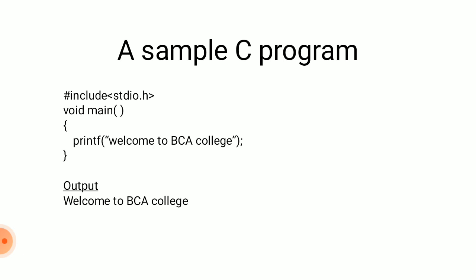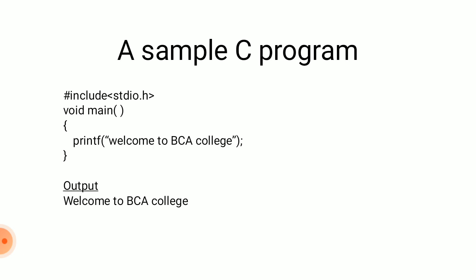In the second statement, I have written a main function. Here I have taken void main. Void is a data type, but it does not specify anything, it is just like a null. Without or with void we can execute the main function.